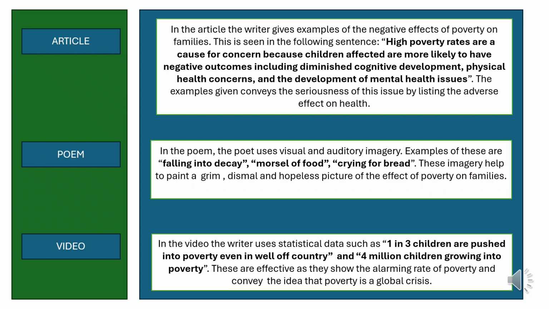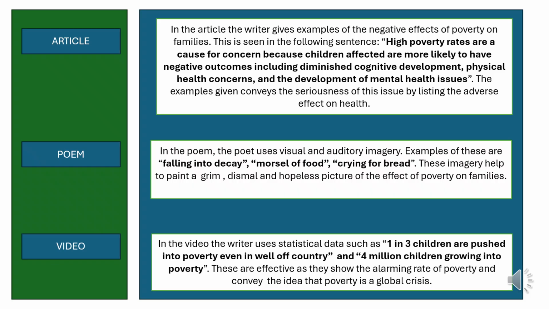Okay, and you could also mention the use of emotive language. So if your pieces have emotive language, like decay, emotive, right? Morsel is also emotive, and crying, those are emotive words. Visit the video now. Third, artifacts. In the video, the writer uses statistical data such as 1 in 3 children are pushed into poverty, even in well-off countries, and 4 million children growing into poverty.